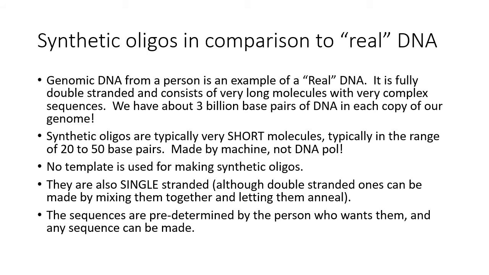By contrast, a rather extreme difference, our short synthetic oligonucleotides are single-stranded in the first place, and also typically in the range of 20 nucleotides, not base pairs. They're not base pairs, they're single-stranded. They're also made by machine, not DNA polymerase, and they are not made using a template. It's completely done chemically. They are single-stranded, not double-stranded, and they are totally artificial.